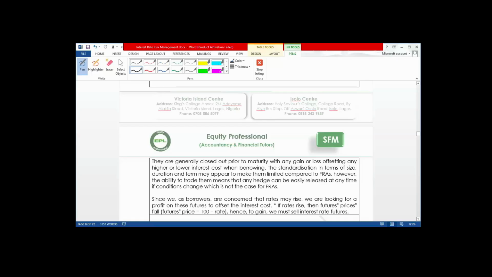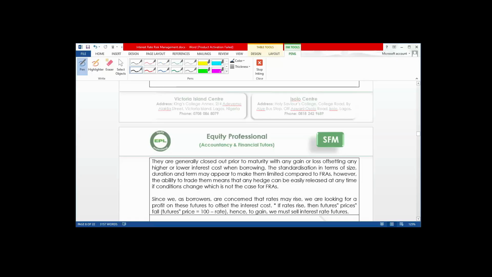So what we are saying is, if the company wants to use interest rate futures and wants to borrow money, the company will need to sell futures.